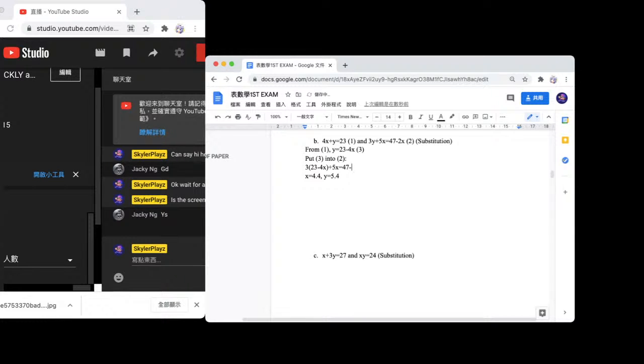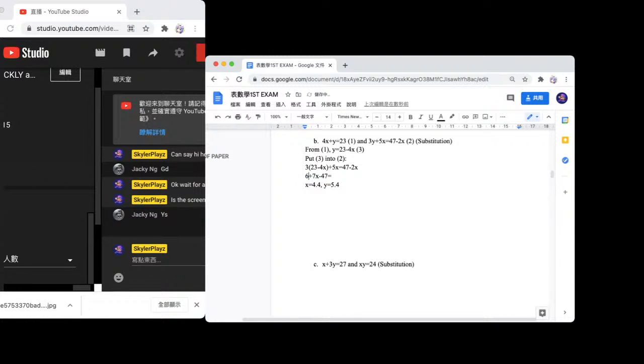And then we can move all of the terms to the left hand side, so this will become minus 47, and this will move to the left hand side, so this will become 5 plus 2, which is equal to 7, and then we can expand this expression.